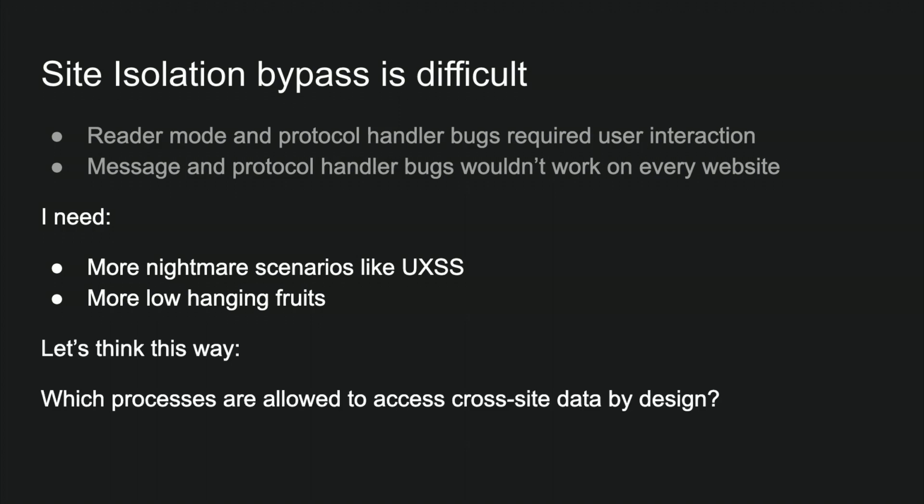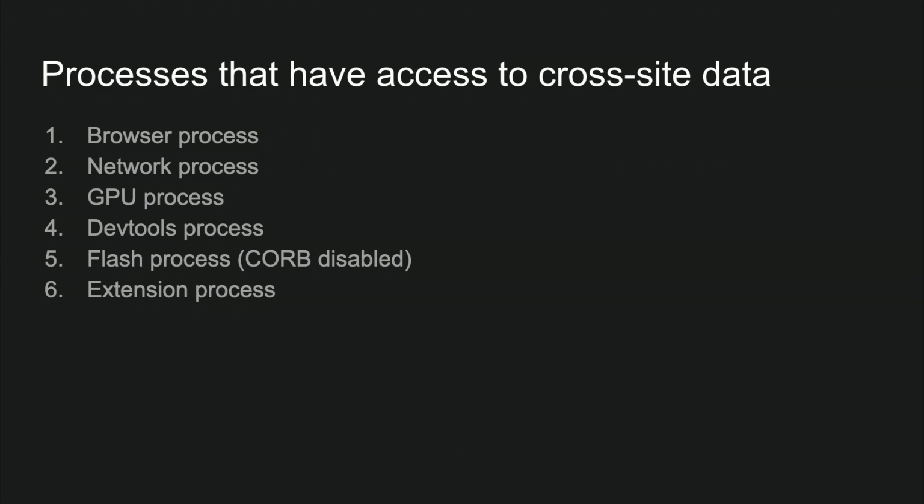So let's think in this way: what process has access to cross-site data by design? I don't think this is a whole list, but I just noted what I know. The above 3 are privileged already. Browser and network process have medium IL, so they're unsandboxed.